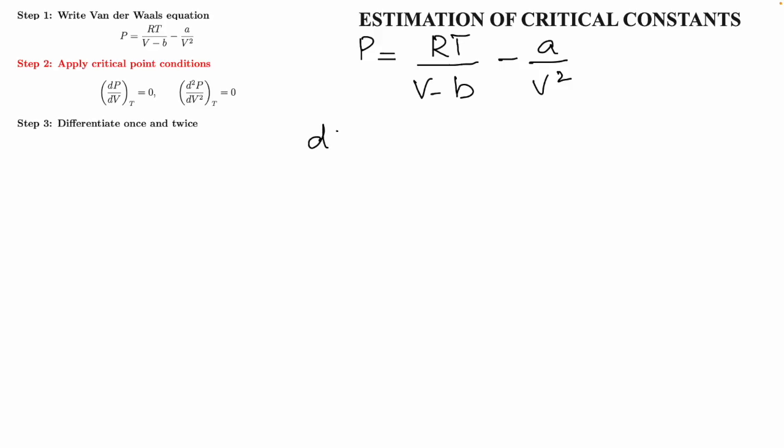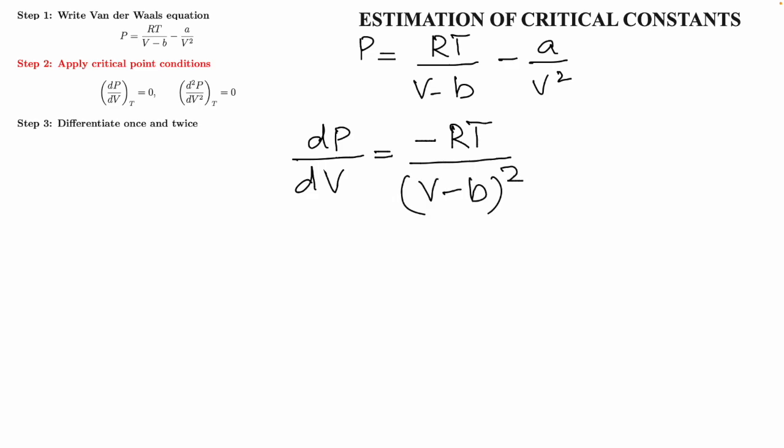What is dP by dV? It is at constant temperature, so RT will be treated as a constant. V is the only variable here. Differentiating 1 by (V minus b), we get minus 1 by (V minus b) the whole square. Now, what is the second term? Minus a, a constant, by V square.